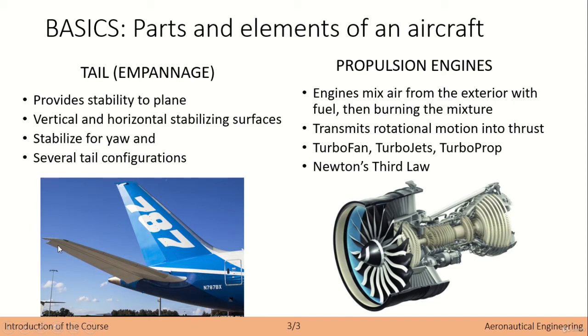It may also provide some orientation changes to the aircraft, depending on the maneuver. Of course it stabilizes for yaw and also for roll. It will stabilize the whole aircraft, and we have in fact several tail configurations, which we will discuss later.